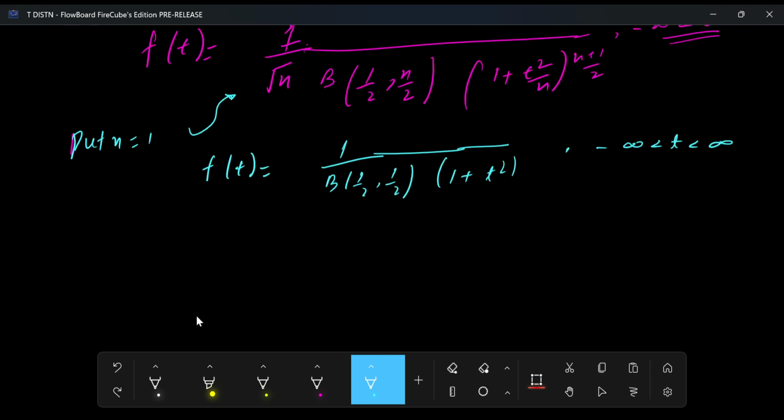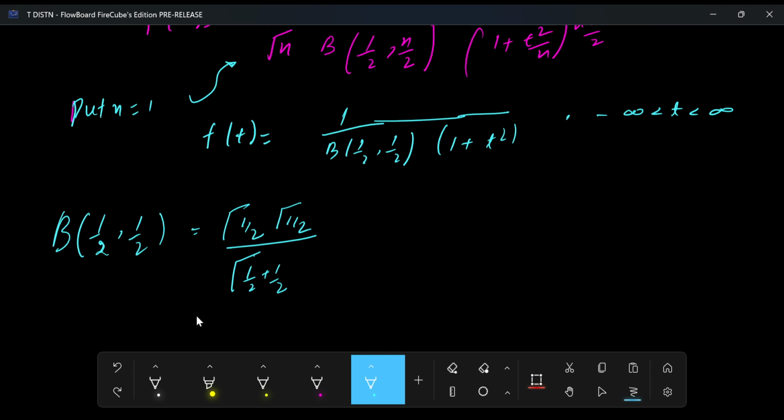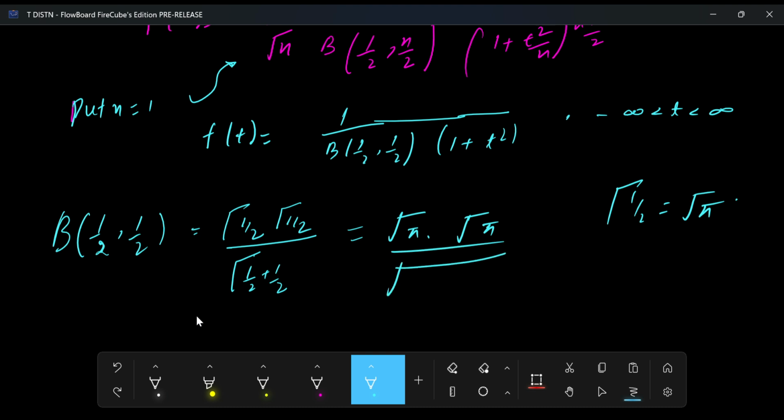So see how to solve this beta 1 by 2 comma 1 by 2. This will be nothing but simply gamma 1 by 2 gamma 1 by 2 upon gamma 1 by 2 plus 1 by 2. Remember the value of gamma 1 by 2 is under root pi. So this will be under root pi divided by gamma of 1 by 2 plus 1 by 2, which is gamma 1, and gamma 1 is 1.